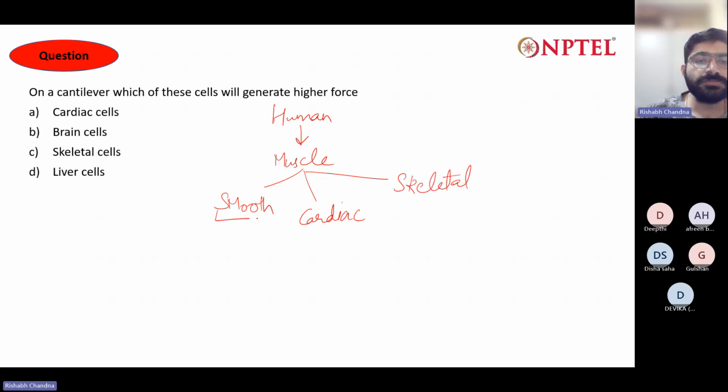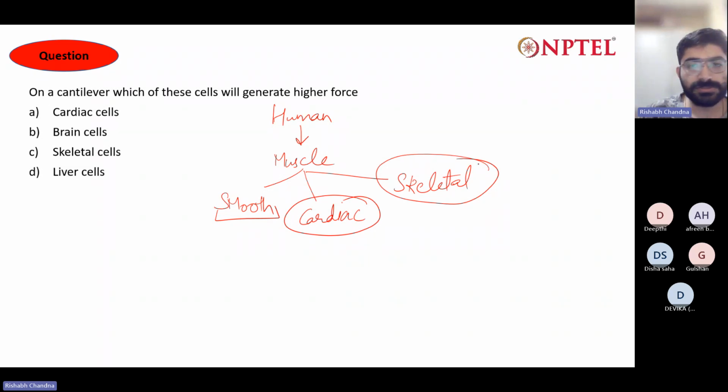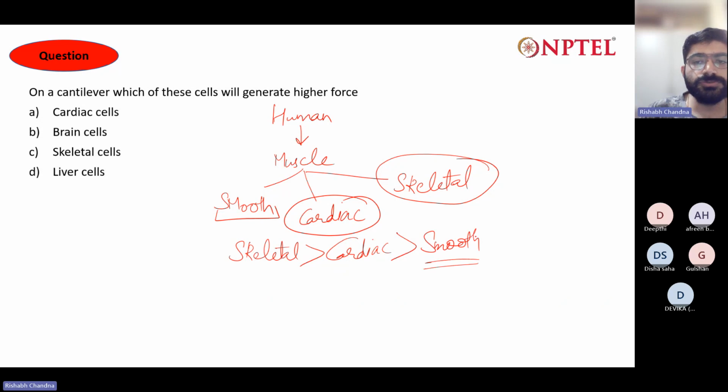Smooth muscle is basically present in the inner lining only. Cardiac muscle is present only in the heart, and skeletal muscle is present on the bone and all those places where the actual force is needed. If we consider the force of these three muscles, the force generated by the skeletal muscle will be the highest, then the cardiac muscle, and then the smooth muscle. Smooth muscle cells are not in the options.